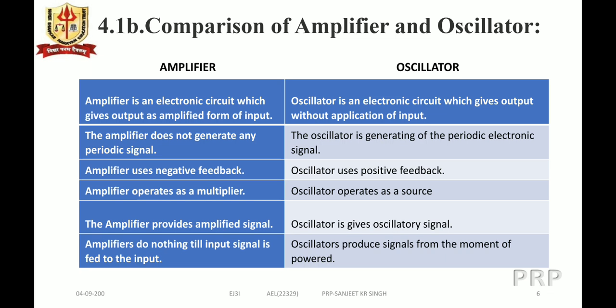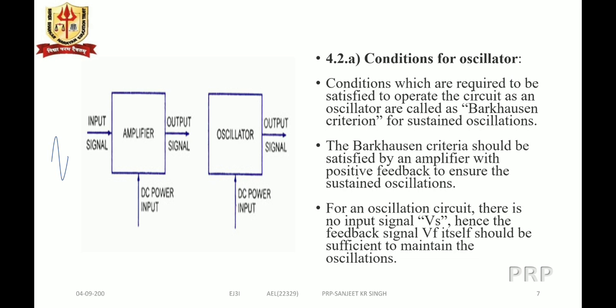Amplifiers do nothing until an input signal is fed to the input. Oscillators produce signals from the moment of power, meaning when powered they will start working. So these are the major comparison points. One more point with respect to the block diagram representation: an amplifier can be represented with an input signal and an output signal, and to amplify the input sine wave signal we require DC power supplied from the DC source.